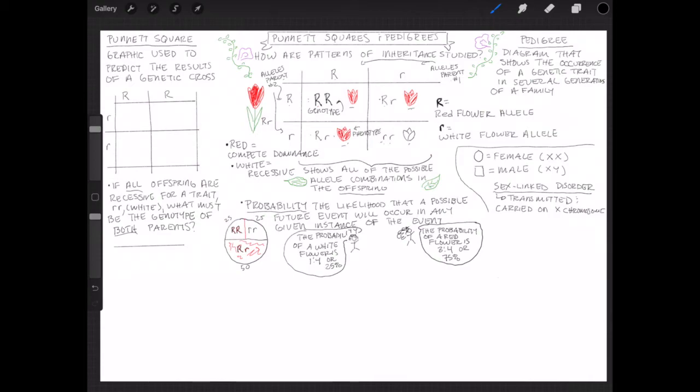Okay, so let's make a little pedigree down below here. Again, you can cut off your paper a little bit if you want. And we're going to talk about color blindness today. We're going to do a color blindness pedigree. I've actually taught several students who've been colorblind.